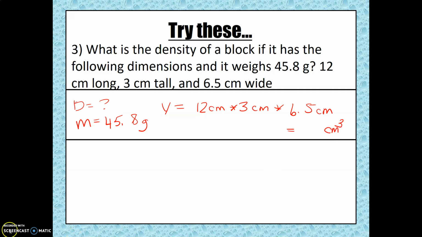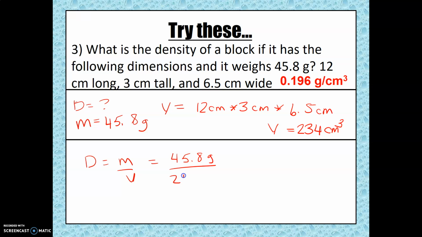And if I multiply 12 times 3 times 6.5, I end up with 234 for my volume. So density is mass over volume. 45.8 grams over 234 centimeters cubed, and I get my final answer up here.